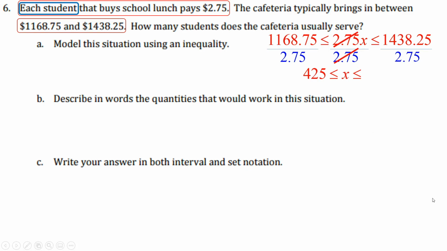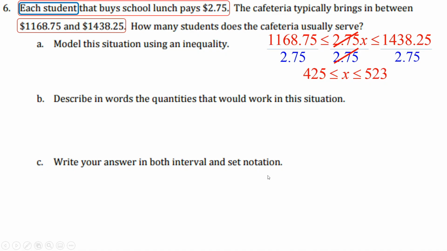And on the right, I should get a whole number again, if this is a legit problem. 1,438.25 divided by 2.75 is 523. So what's happening?